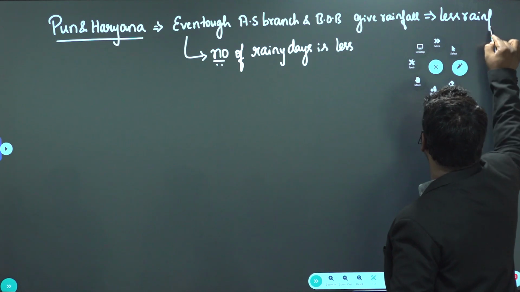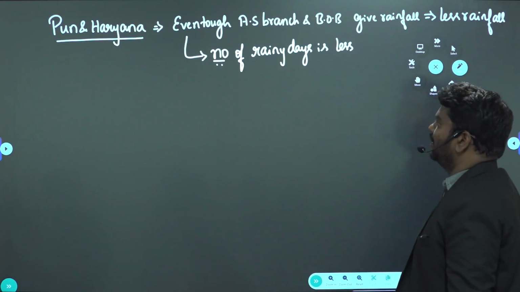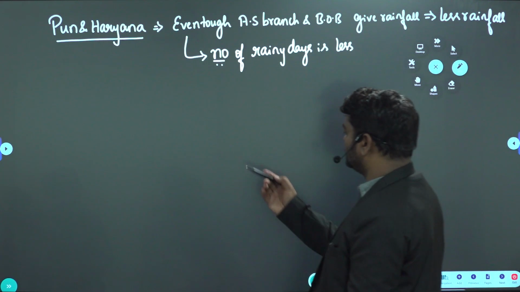It receives less rainfall because the number of rainy days is less.